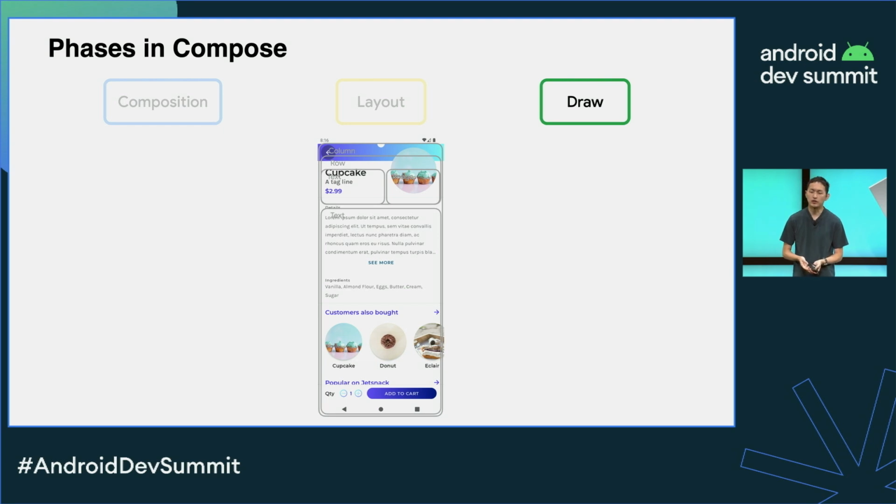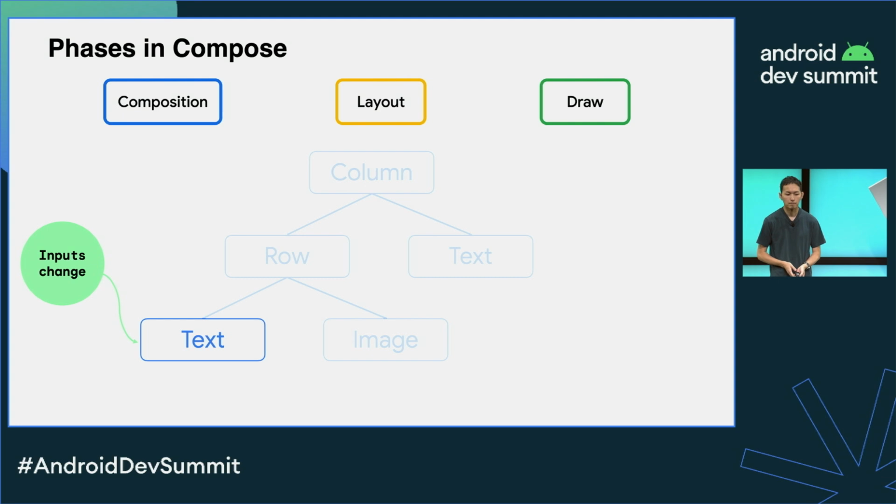The draw phase actually renders the composables to the screen. Recomposition is the process of calling your composable again when inputs change, which triggers that composable to go through the phases again. If no inputs are changed, compose can skip the entire phase, which leads to performance gains. That's the reason you need to care about the recomposition counts.